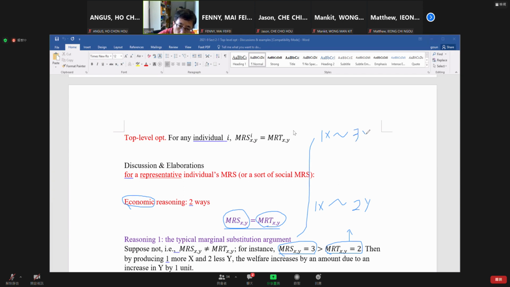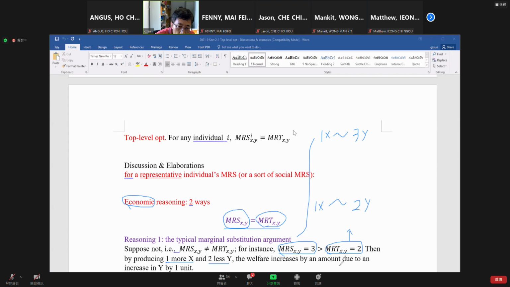Now we have a wonderful way to have a better life. We can produce one more X and 2 less Y. This is just by the definition of MRT, which is about production technology. We can do that.